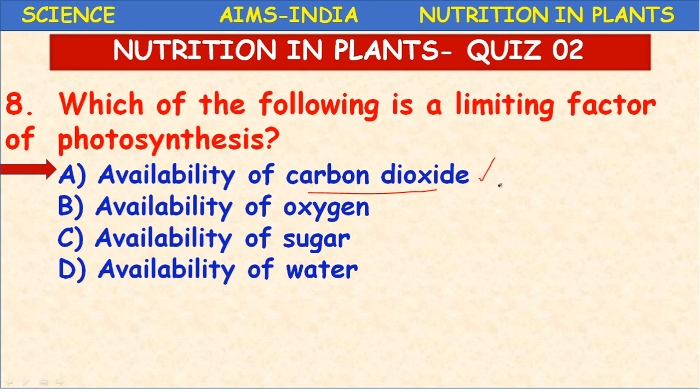If carbon dioxide is available, then only the photosynthesis takes place. In higher classes, you are going to discuss several experiments related to photosynthesis. So the concept you have to remember: what are the requirements, what are the products, what is the equation. All the questions revolve around that equation only. Okay children.